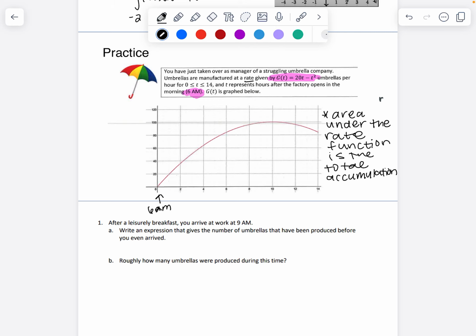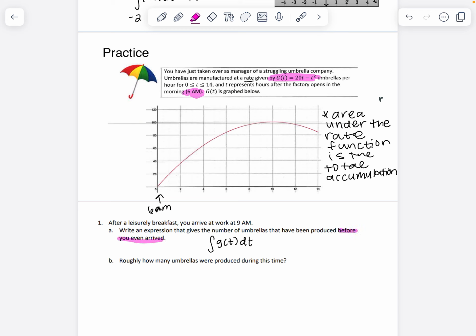And so this says write an expression that gives you the number of umbrellas that have been produced before you even arrived. We're going to use an integral because an integral helps us find the area under the curve. So we're going to write G of t because that is the rate curve, and we'll add a dt because we always have to have that. That is going to tell us the area under the curve. But we want to specifically know the number of umbrellas produced before you even arrive.